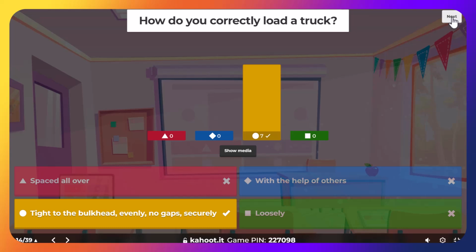And you don't overload the individual axles, i.e. you pick up a 10-ton piece of marble, you're not going to have that tight to the bulkhead, because in that case you would overload the front axle. So you put that weight in the middle of the truck, spreading the weight between the axles, and securely. So it's tight to the bulkhead, no gaps, evenly, heavy stuff on the bottom, securely, and don't overload the individual axles or the GVW.